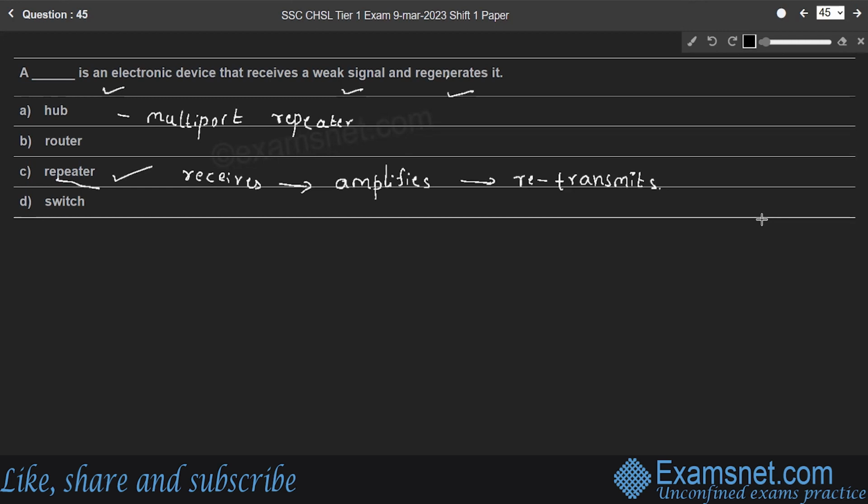Switch is a data link layer device, so it can perform error checking before forwarding data. Therefore, options A, B, and D are not the correct answers. That means they do not receive a weak signal and regenerate it, right? Therefore, option C is the right answer. A repeater is an electronic device that receives a weak signal and regenerates it.